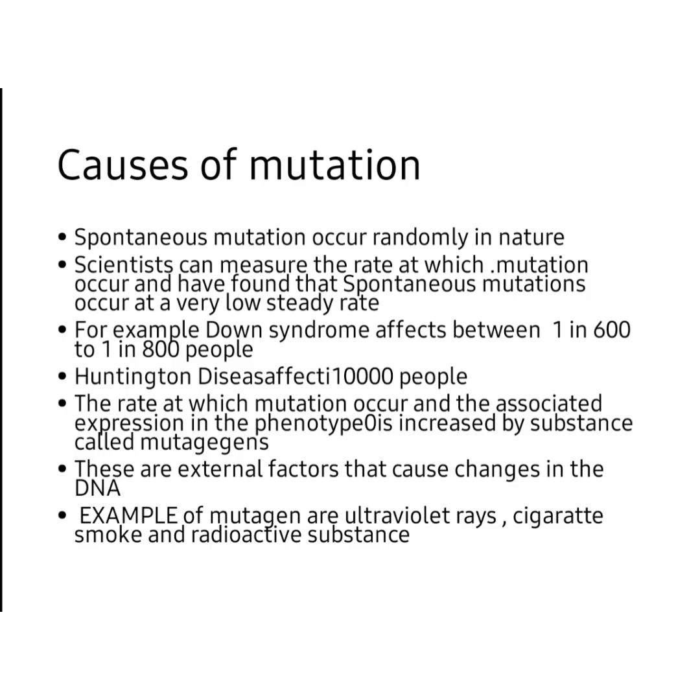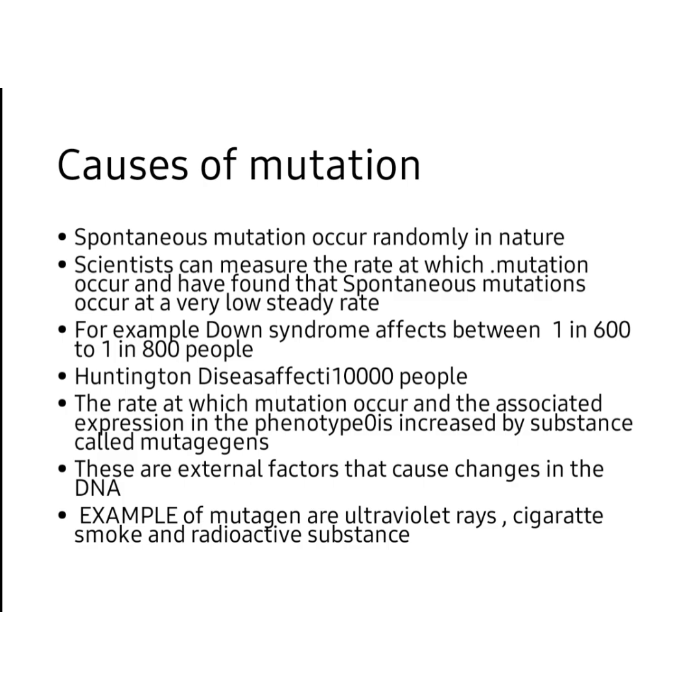There's no way we can say this family will bear Down syndrome children, or this family will bear albinos. We can see albinos are found in white people, black people, everywhere, even Down syndrome. For example, Down syndrome affects 1 in 600 people. Huntington disease affects 1 in 100 people.